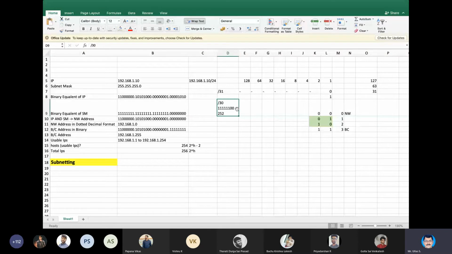Similarly, if it is 4 ones, I have to do 255 minus 15, right? So you must know the way to calculate it. Only through practice you will get it. All this will come in mind calculation. Basically, you need to practice this.